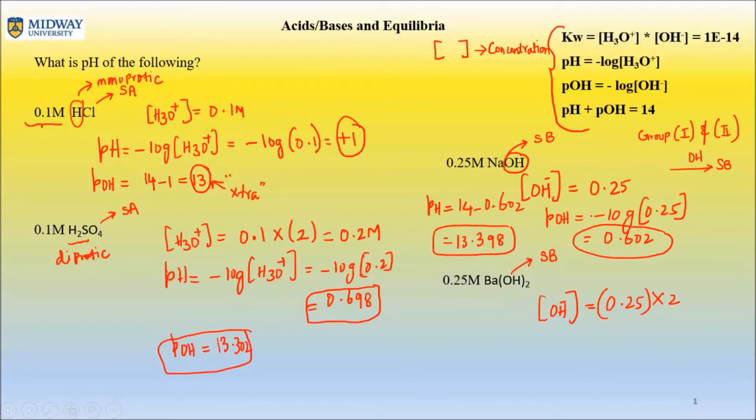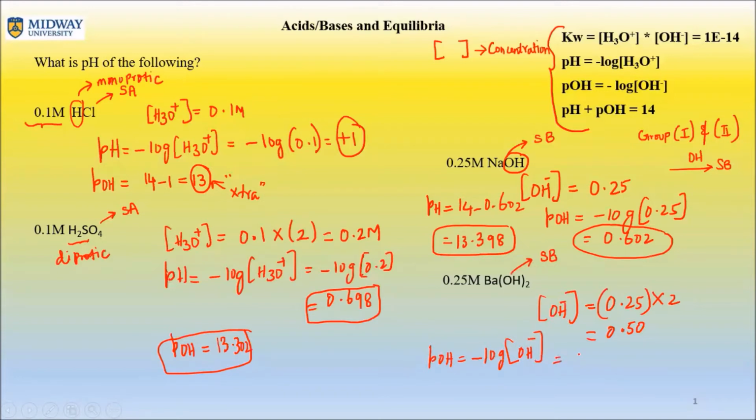Forget about this. You can't do it this way, all right? So it'll be 0.50. All right, so as I keep saying, if you have OH minus, you have to first find pOH and then you find pH.